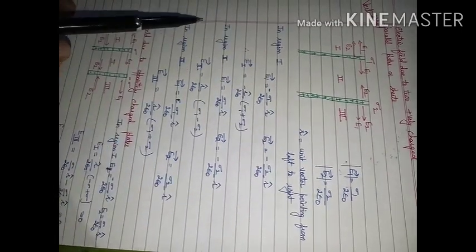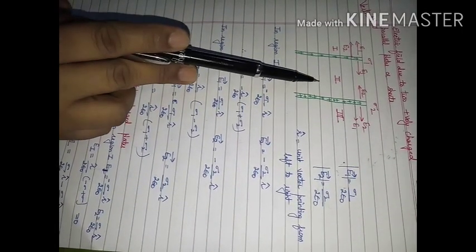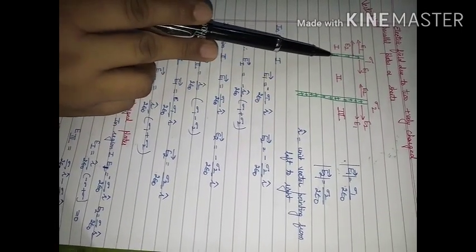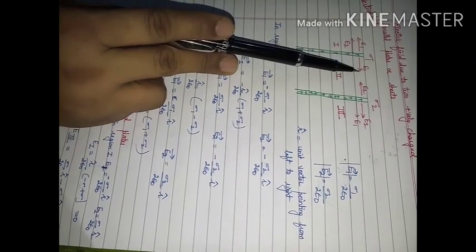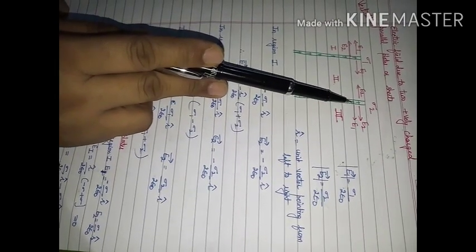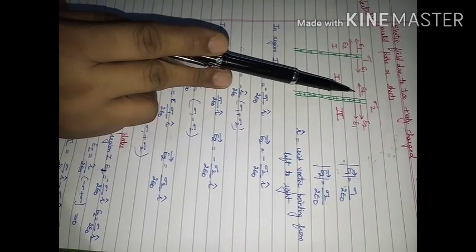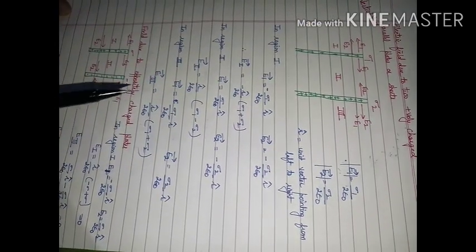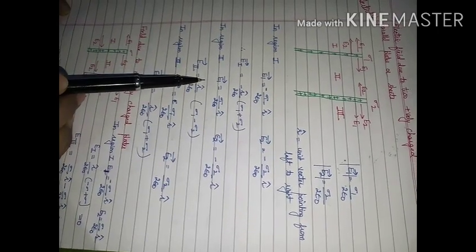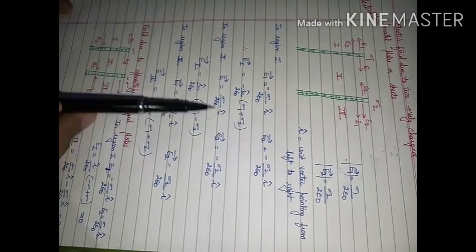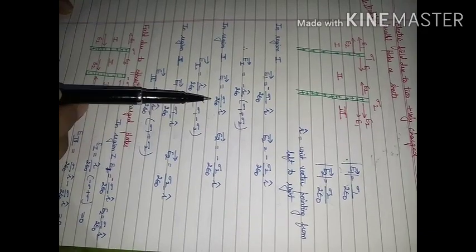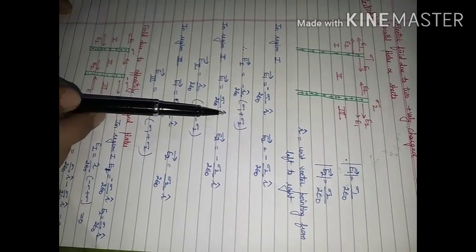If we go to region second, because of this sheet the electric field is in this direction, and because of this sheet the electric field is in this direction; both are pointing in opposite directions. So the net electric field intensity in the second region will be considered as their sum. E1 will be equal to sigma 1 upon 2 epsilon naught R cap.